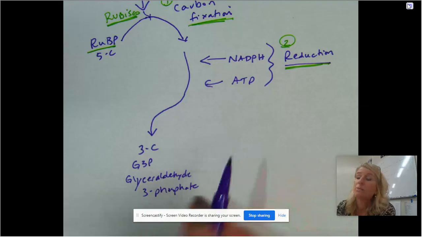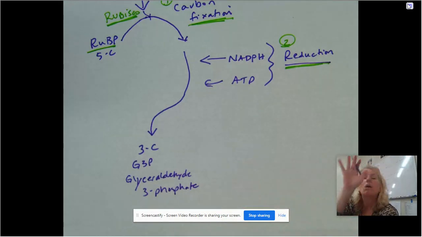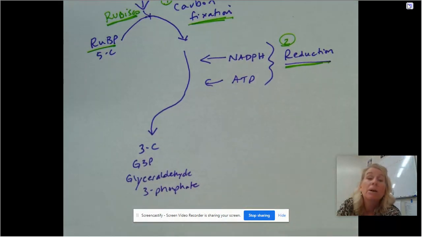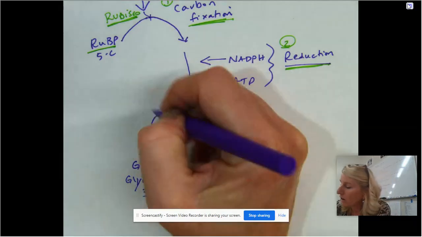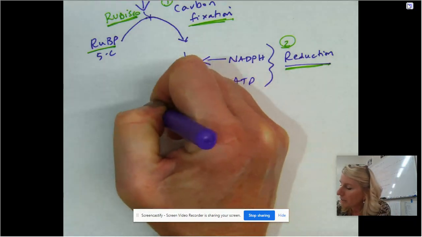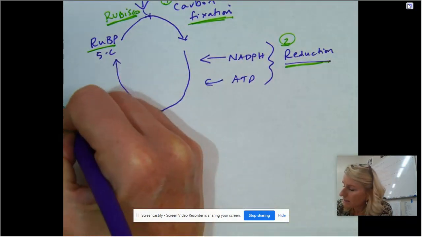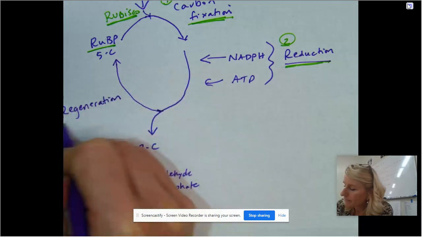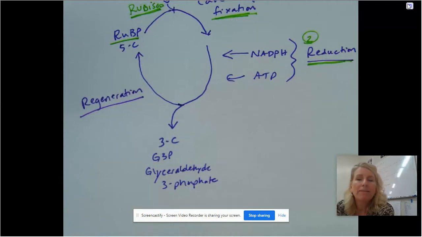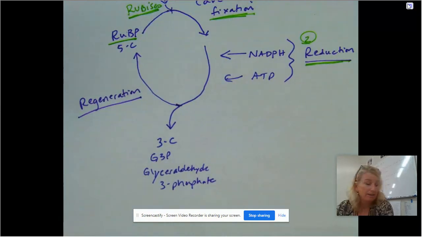Well, don't worry about it because we've got Calvin cycles going on all over the stroma. So easy peasy, we can recombine with other G3Ps and make our glucose. No big deal. But more importantly, if we want to do this again and again and again, and that's the nature of a cycle, we have to regenerate our RuBP in the process of regeneration. And we're not even worried about the fact that it takes ATP to do that.